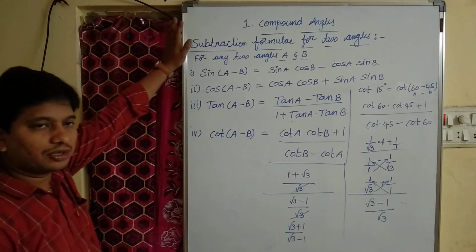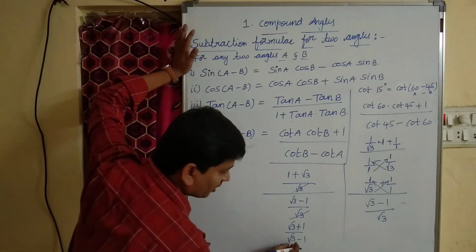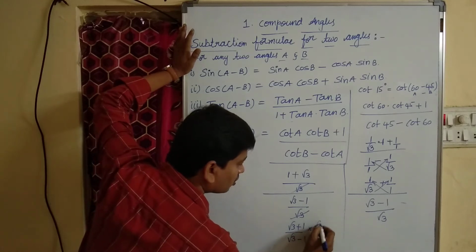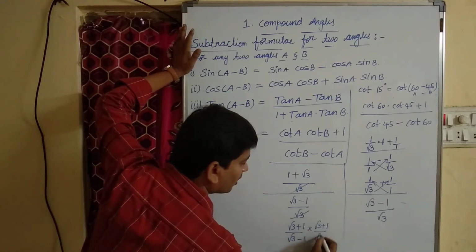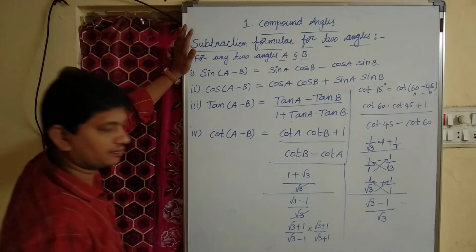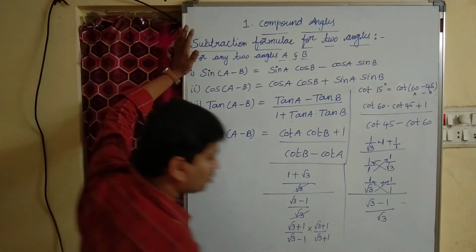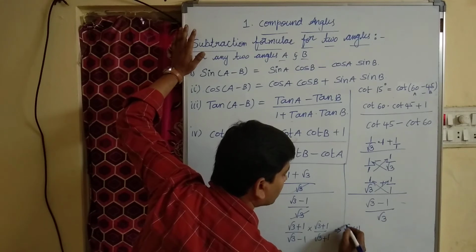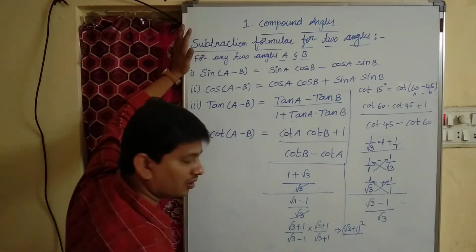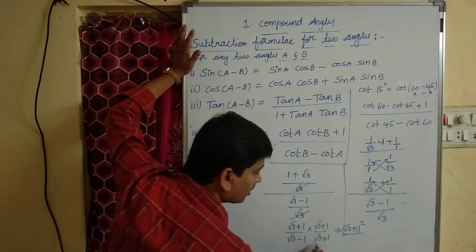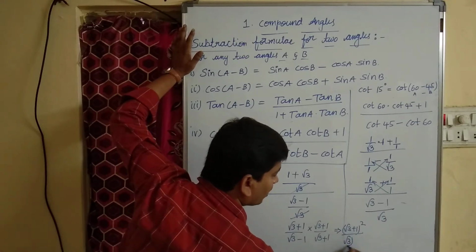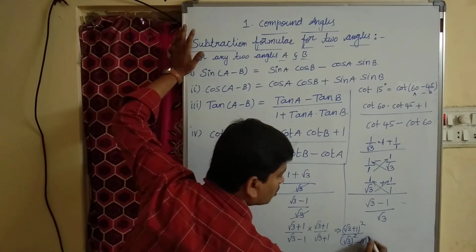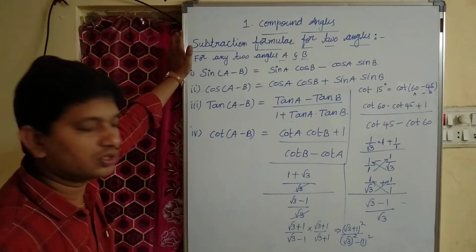Again rationalizing the denominator. The rationalizing factor of root 3 minus 1 is root 3 plus 1 divided by root 3 plus 1. Root 3 plus 1 into root 3 plus 1 I can write as root 3 plus 1 whole square, divided by root 3 minus 1 into root 3 plus 1, which I can write as root 3 whole square minus 1 whole square.